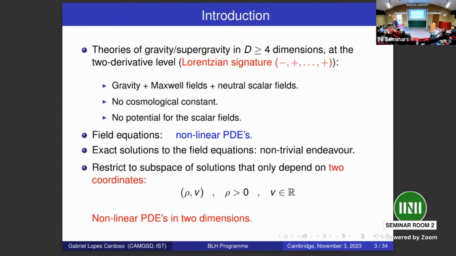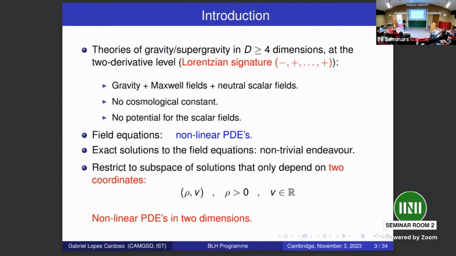There will be no potential for these neutral scalar fields. Now, it's very well known that the field equations in these theories are nonlinear PDEs, and therefore it's complicated to study their solution space. So it's a non-trivial endeavor to actually obtain exact solutions to these field equations.